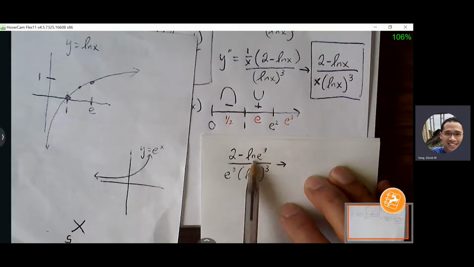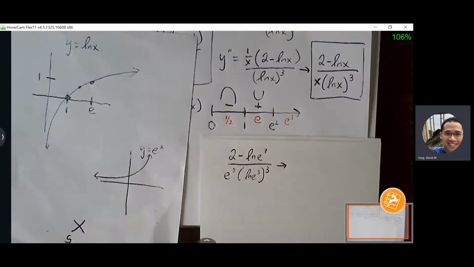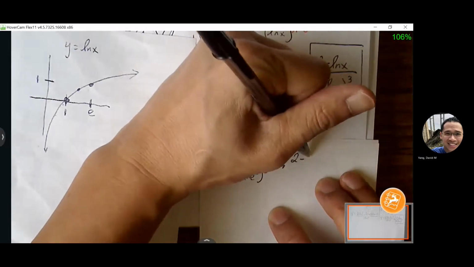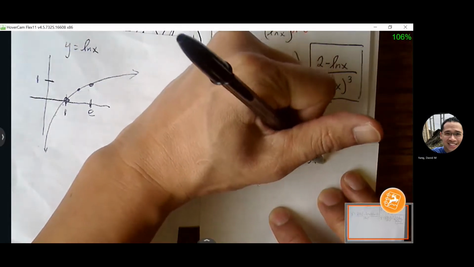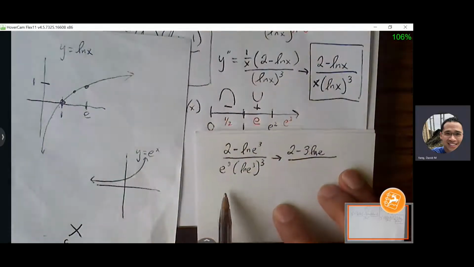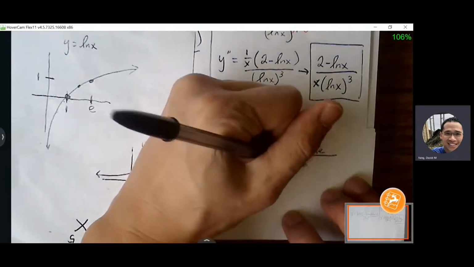Anything to make it a little bit easier to interpret? What can I do with natural log of e to the third power? Yeah, move that exponent down in front, right? Because it's part of a log property. You know the denominator is all positive, right? So there's no issues there.